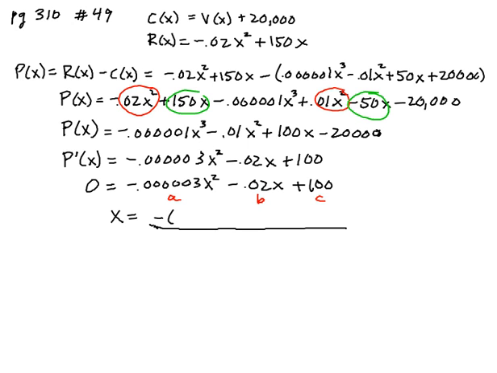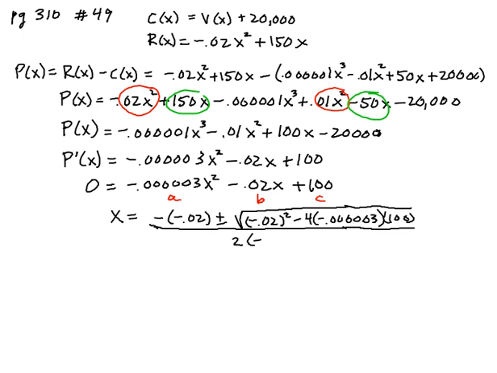So minus B, now B is negative, so I'll essentially turn that into a positive, plus or minus the square root of B squared minus 4 times A and times C, all of that over 2 times A.